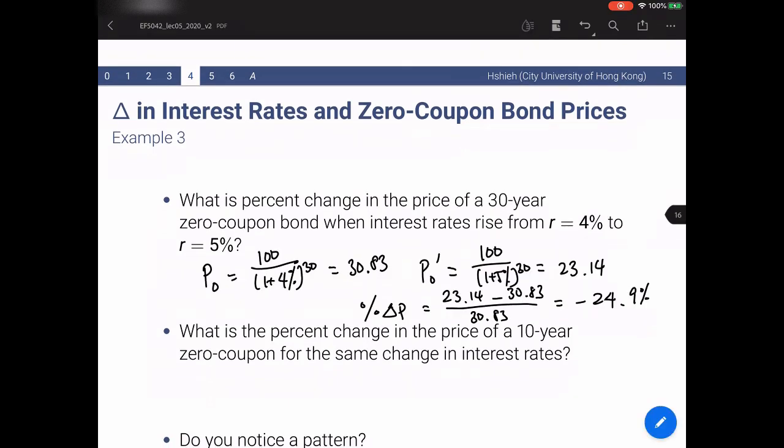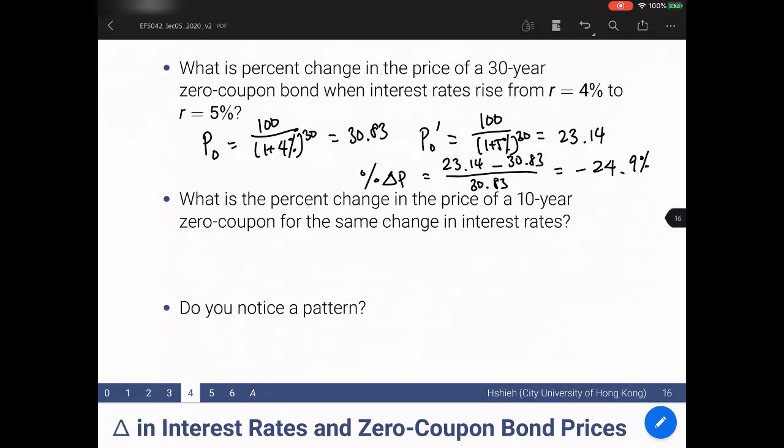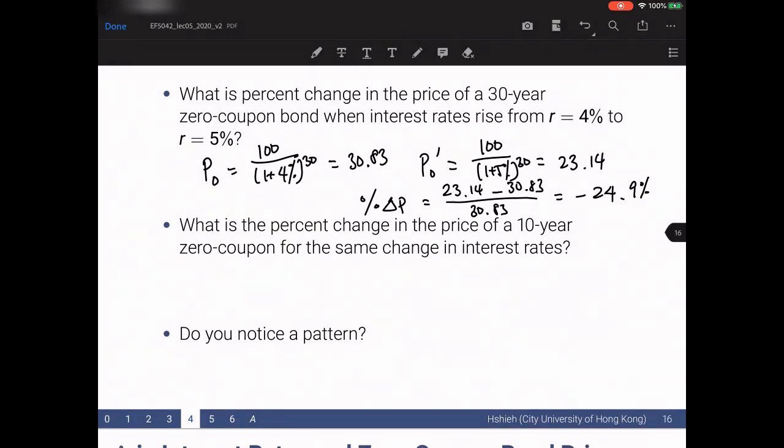Okay, so now we're going to do the same exercise, but for a shorter maturity bond. We're going to evaluate the percentage change in the price of a 10-year zero coupon bond for the same change in interest rate. Similarly, the only real difference is now we're no longer compounding by 30 years, we're simply compounding by 10 years, or 10 times.